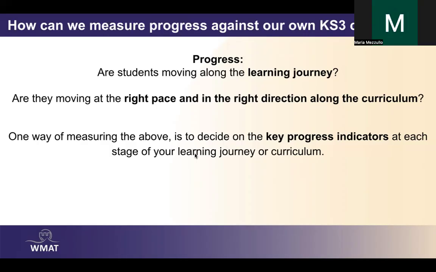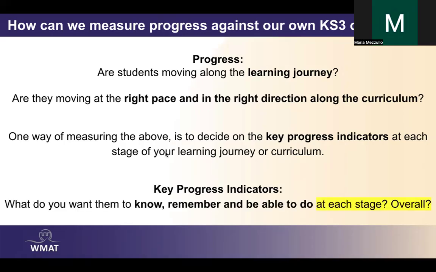Now, you could take that analogy even further and think about the fact that you could be doing that in every lesson, and I'll share something with you that shows that. But really, we're thinking about progress indicators. At each point, what's that marker that you want them to reach to show you that they're on track, okay?